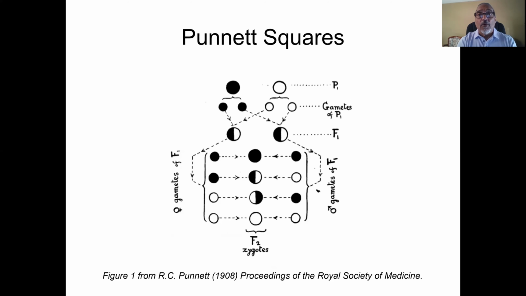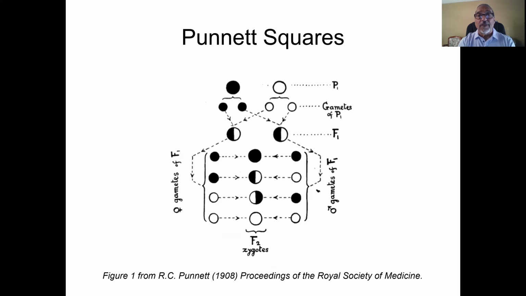So, of course, if both individuals are producing only one type of gamete, there is only one type of F1 individual, that is the F1 or first filial cross. It is heterozygous for black and white, and you can see the individual from the F1 population indicated by a semicircle of black and a semicircle of white.